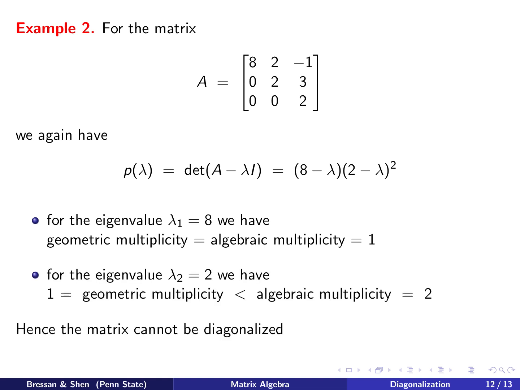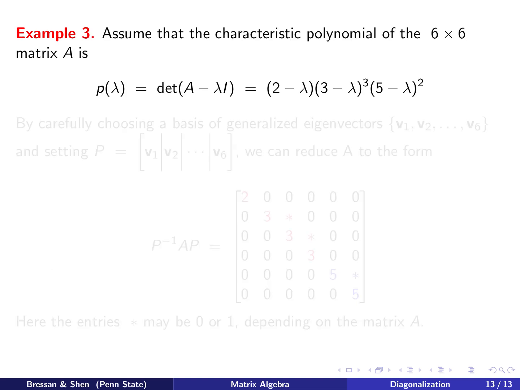But for the other eigenvalue, lambda 2 equal to 2, this is a double eigenvalue, so the algebraic multiplicity is 2. But we could find only 1 eigenvector, so the geometric multiplicity is 1, and we have a strictly less-than sign between these two. Following the theorem, this implies that this matrix cannot be diagonalized.